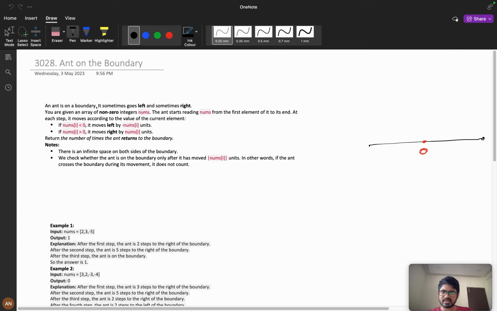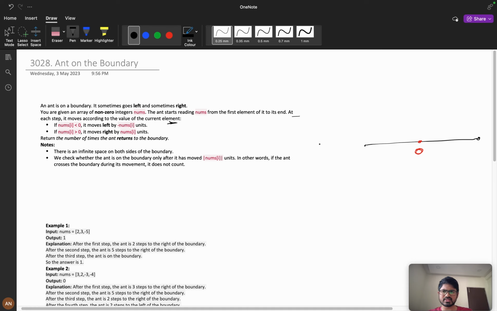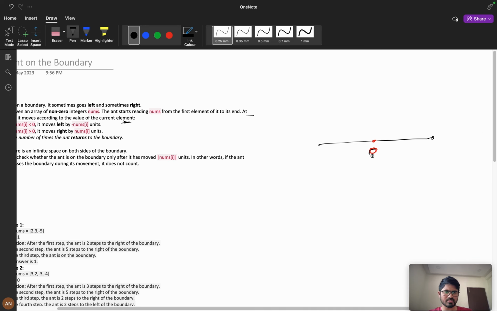An ant is on the boundary. It sometimes goes left and sometimes right. You are given an array of non-zero integer numbers. The ant starts reading numbers from the first element. At each step, it moves according to the value of the current element. Suppose my ant is starting at point 0.